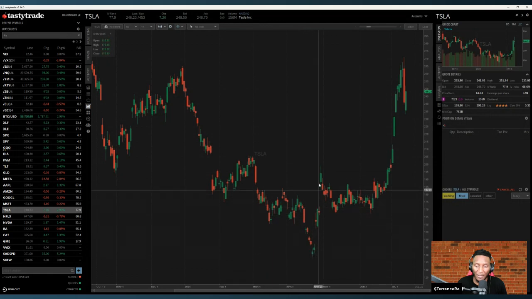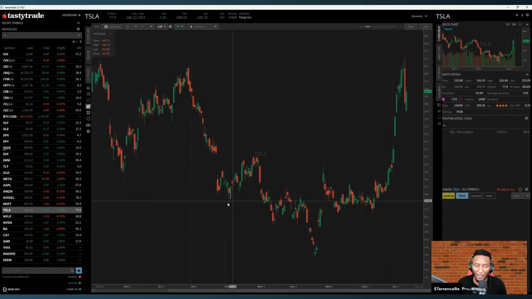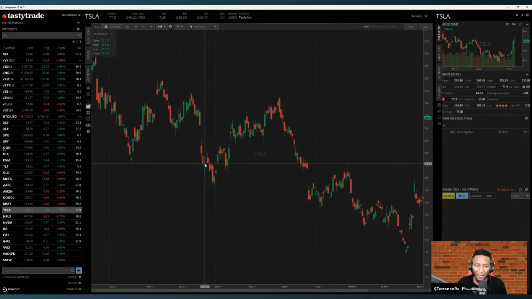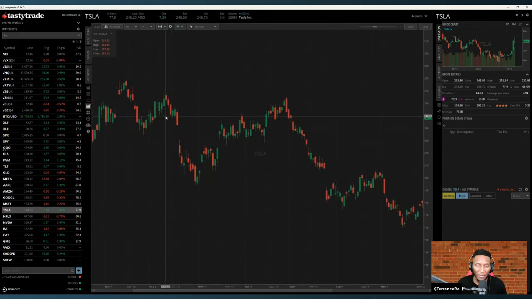You got your head, shoulder, and then it took off. Not a perfect head and shoulders, but I could see the pattern. Now this one is a perfect one. You can see right here, shoulder, head, shoulder, neckline, break up.